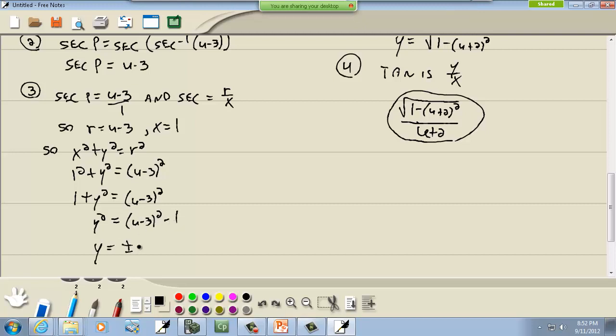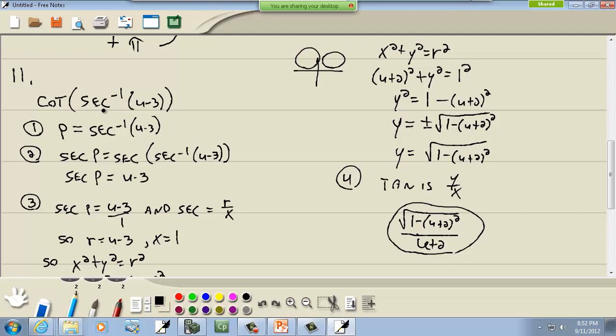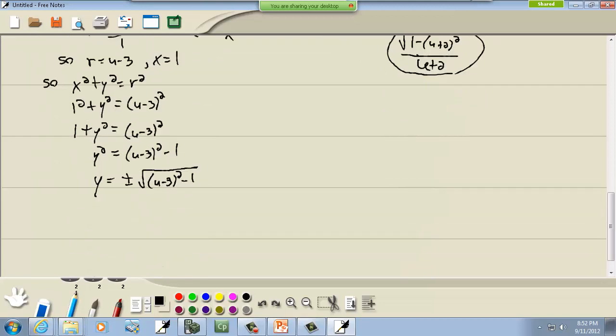Drop off our squared, put a plus or minus square root around the other side. We get that. Now we're again dealing with something that's only valid in the first two quadrants, inverse secant, which is valid from 0 to pi. So y is going to be positive there. So we get the square root of u minus 3 squared minus 1.